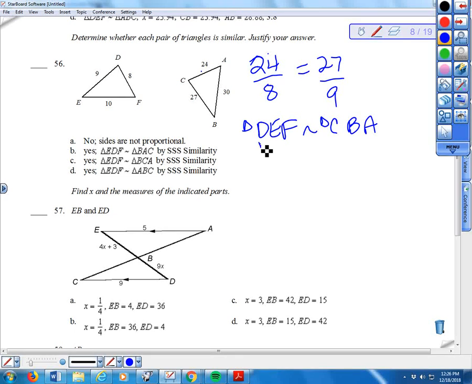So DEF would be D is to C, E is to B, right? D, E, F is to C, B, A.